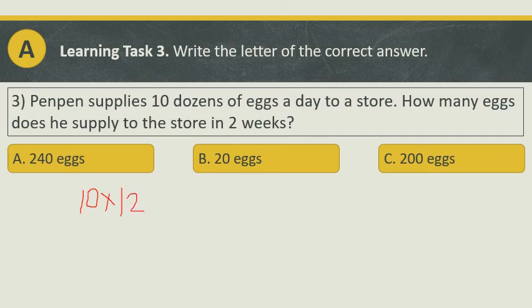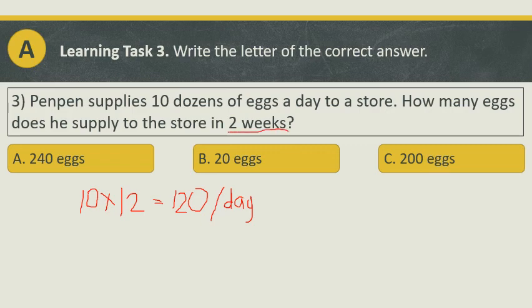Okay, so isang dosena. So ito po ay 10 dozens. So ito po ay 120. So 120 po ang sinusupply ni Pen kada araw, per day. And ang nandito po is ilan daw po lahat ng eggs niyang sinusupply kung 2 weeks.